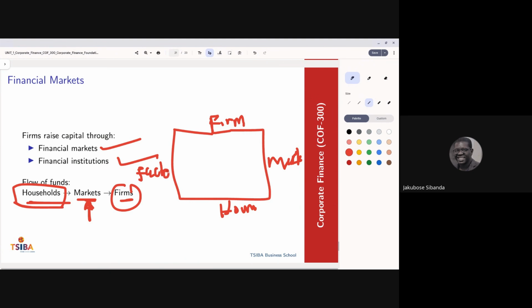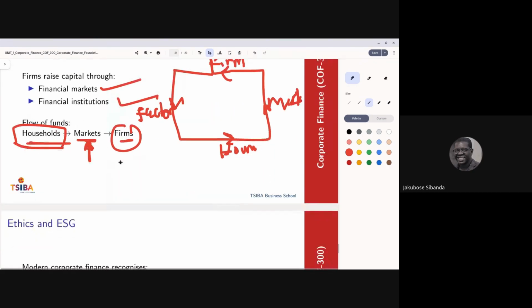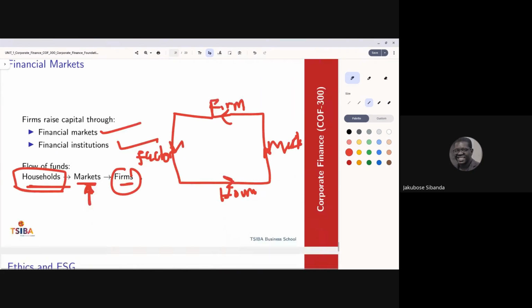So it's going to be like a scale going down. So firm, factor labor, that's where you get the income from because you've worked and produced, and then the household has money now, and then it goes back again and buys those things. Right. So this is where everything happens. This is where you go and meet your investors.